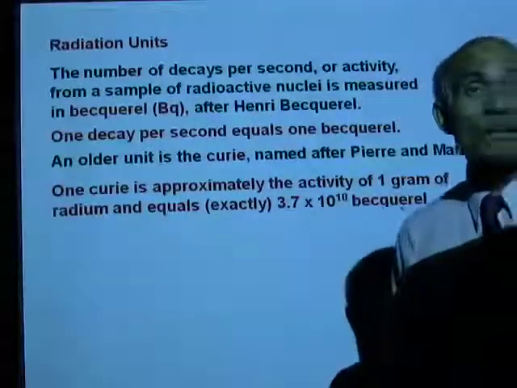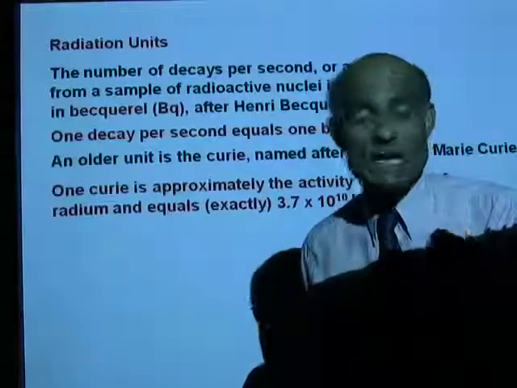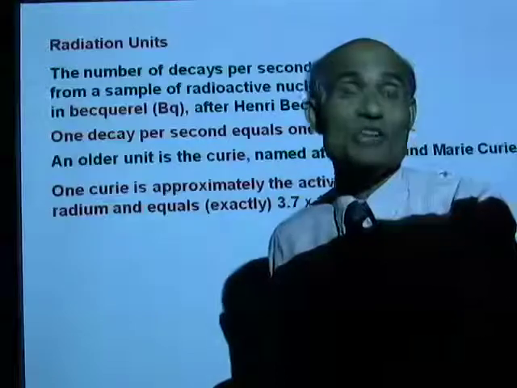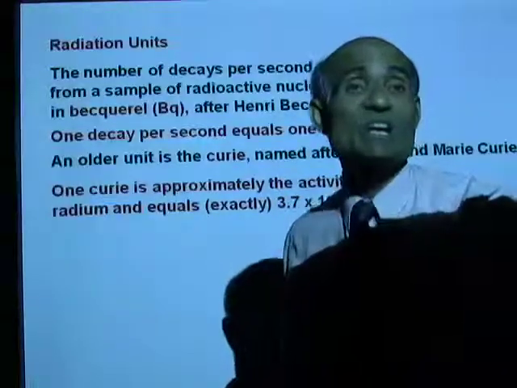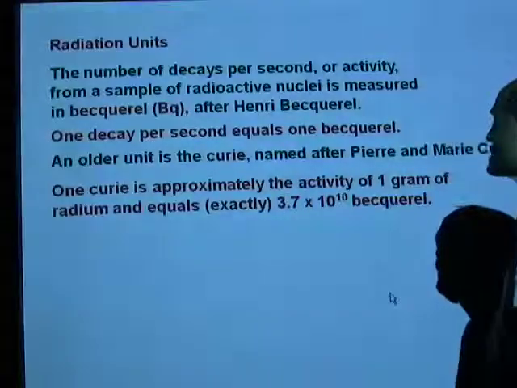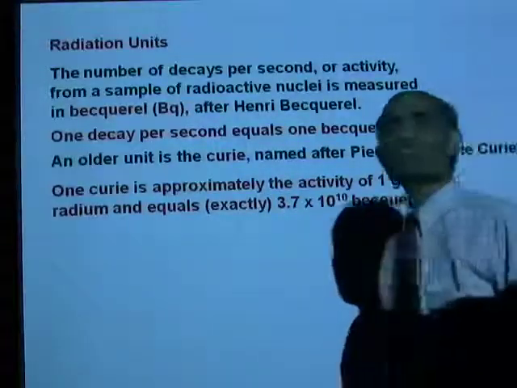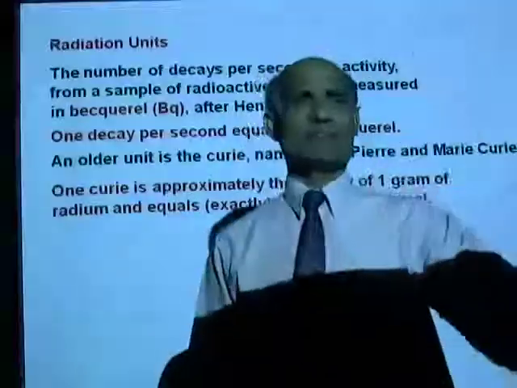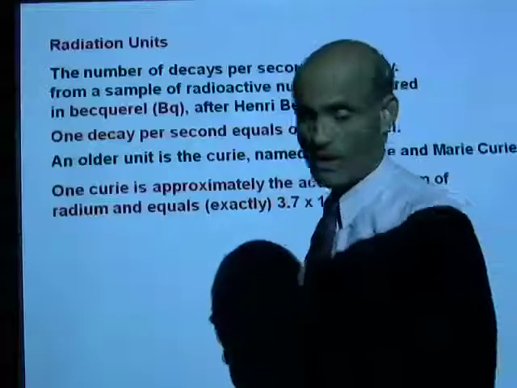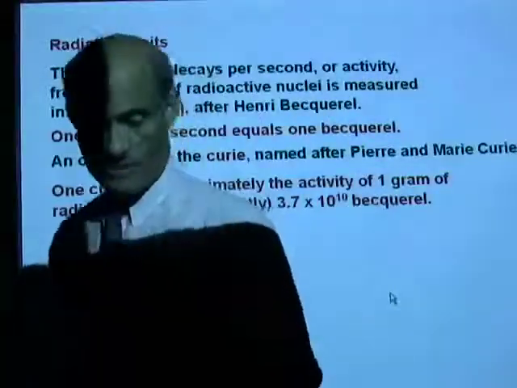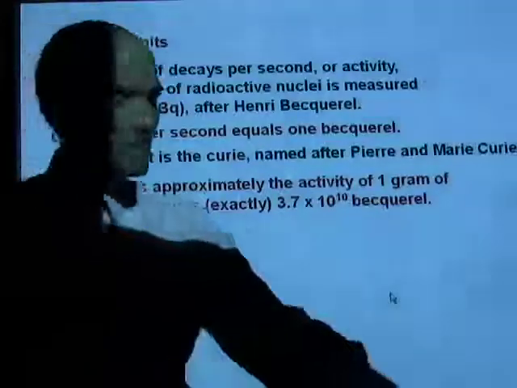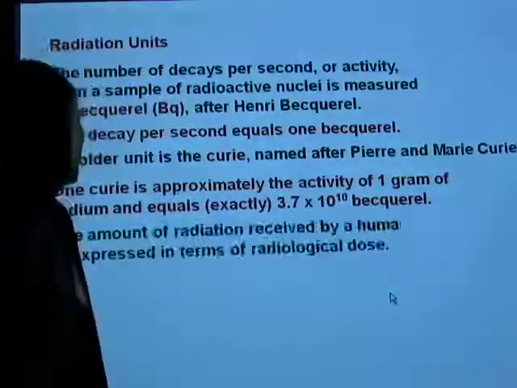If I have 1 gram of radium in here, these devices will go mad, because there will be how many radiations per second? There will be 3.7 times 10 to the power of 10, 37 billion radiations per second. And that is 1 Curie. So 1 Curie is the same as 3.7 times 10 to the power of 10 becquerels.